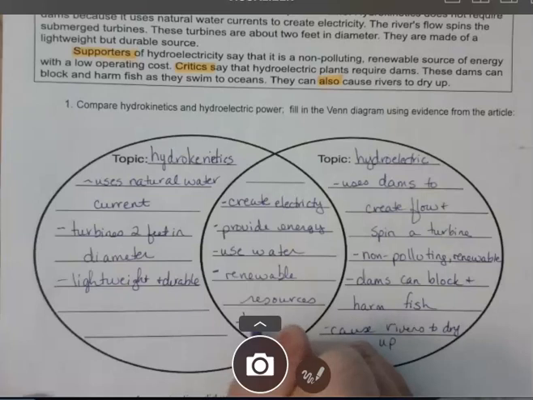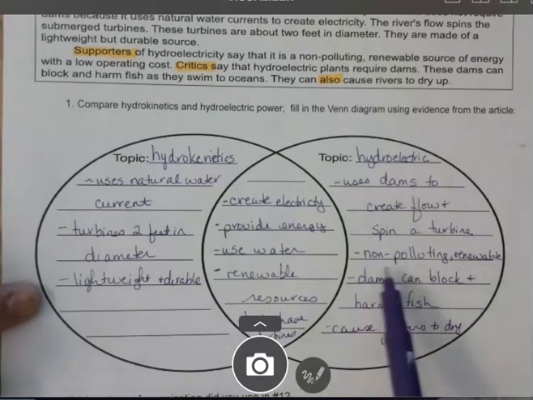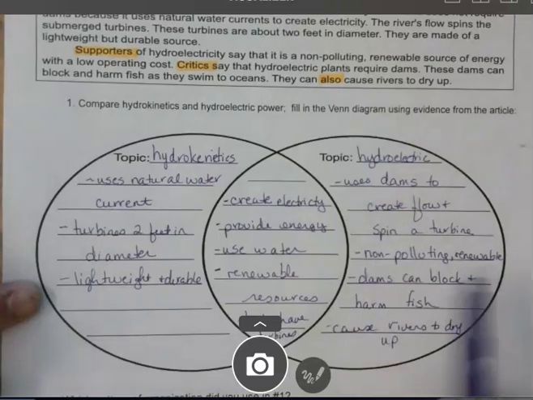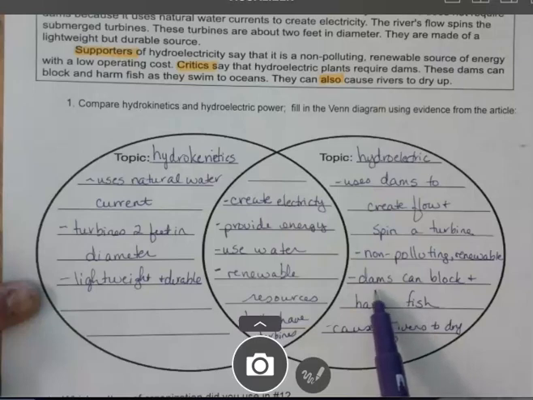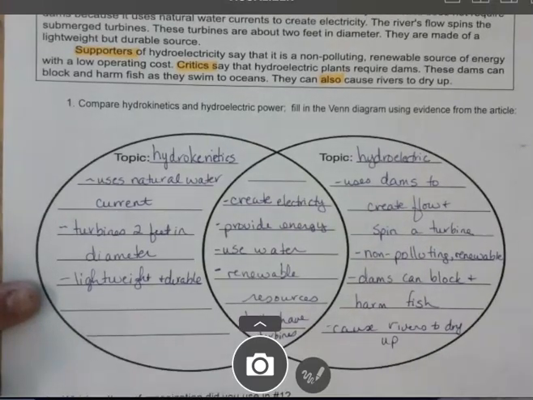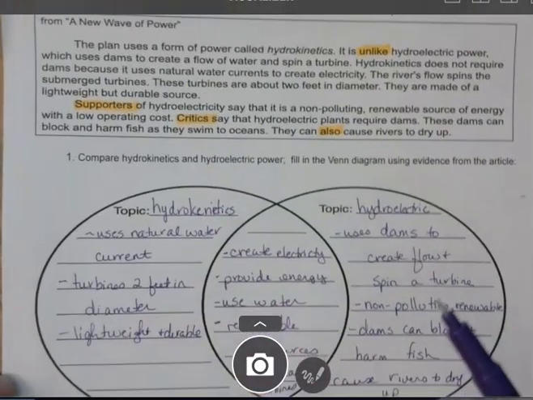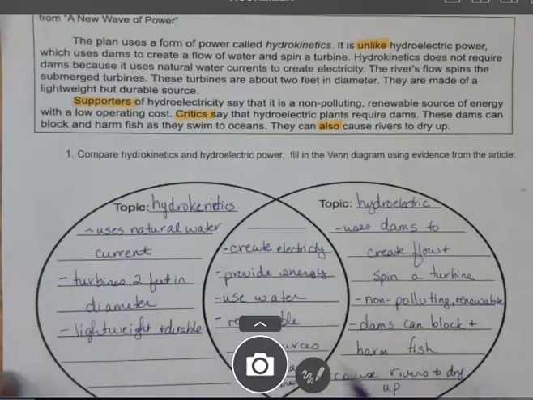The other thing I can see is they both have turbines. This turbine, it described it as 2 feet in diameter, and it's lightweight and durable. This paragraph went on to talk a little bit about it being non-polluting, that it has dams that can block and harm fish, and that it can cause rivers to dry up. So I'm pulling out just the important information as I look at the 2 different types of energy.